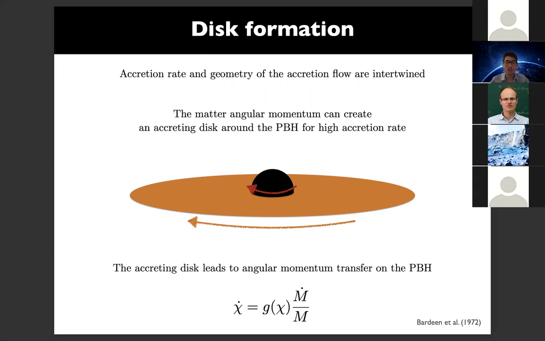And once this accretion disk is formed, thin, basically it may lead to a transfer of angular momentum from the baryonic particles in the disk towards the primordial black holes. And using the geodesic model by Bardeen et al., one can compute the spin evolution in terms of the mass evolution, which of course is dictated by accretion.